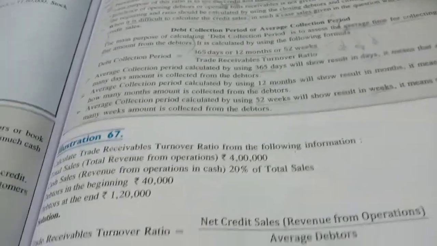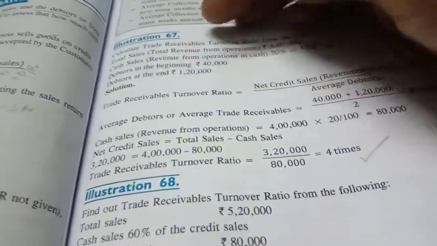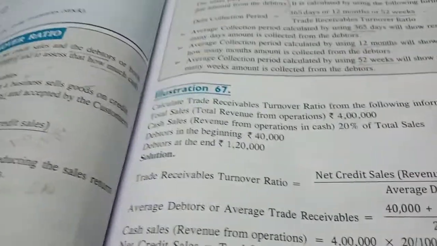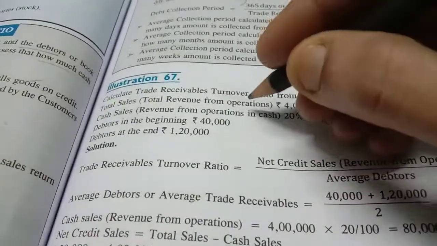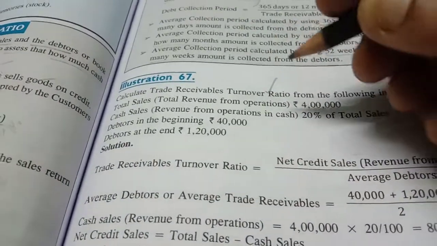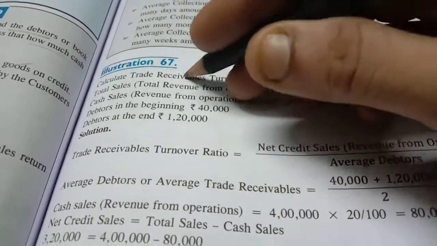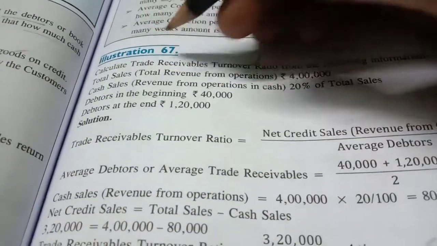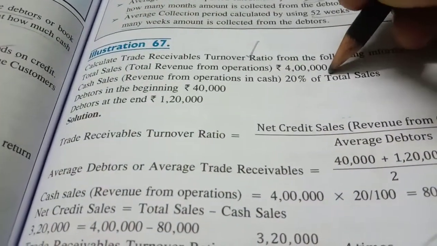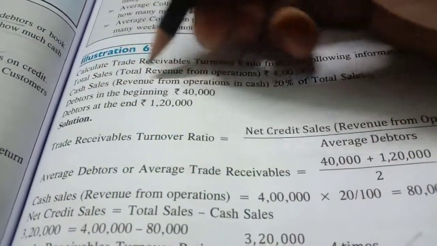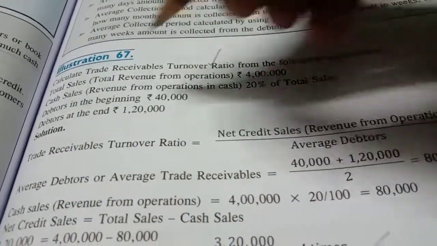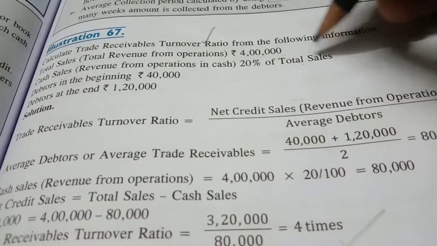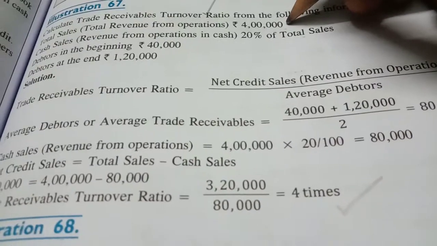Okay, so see the sum. It is a very simple sum. We have to find the trade receivable turnover ratio. In this, total sales, that is total revenue from operations, is given, and cash sales is 20% of the total.